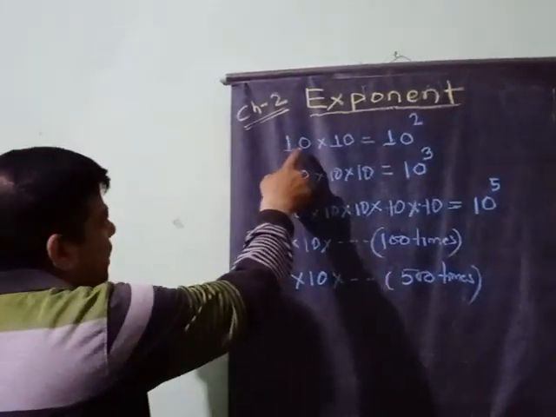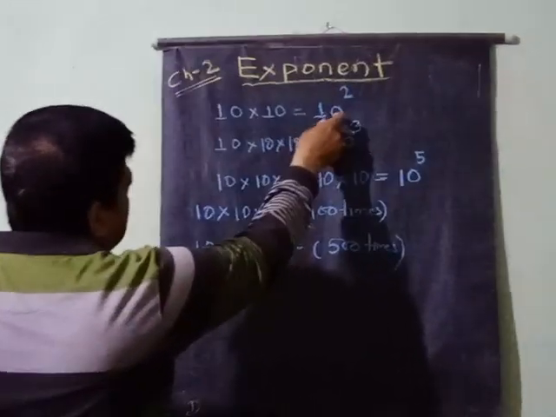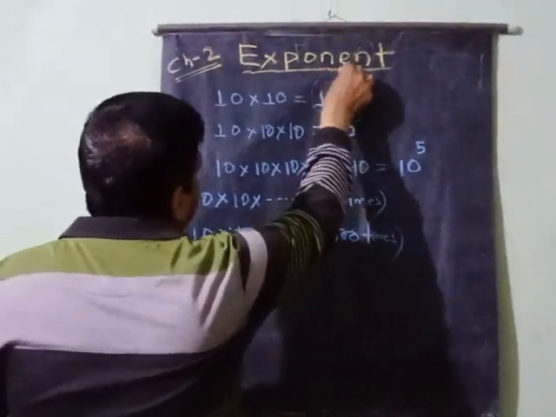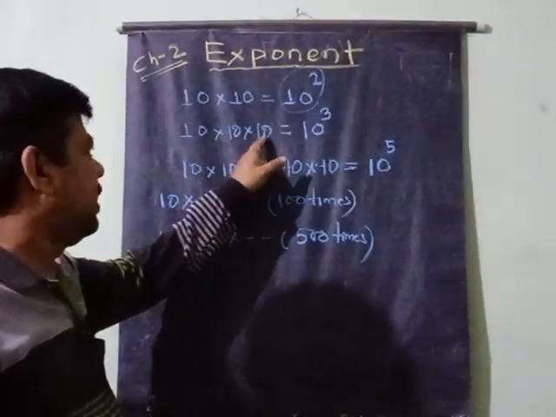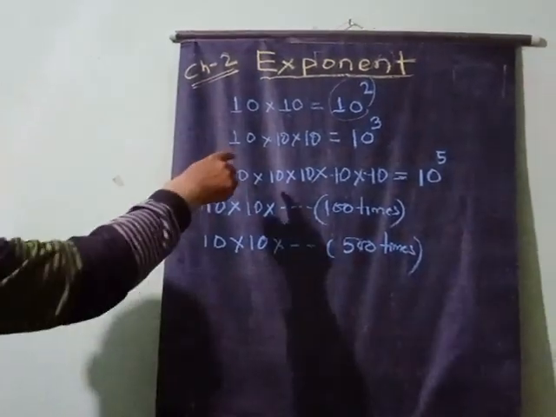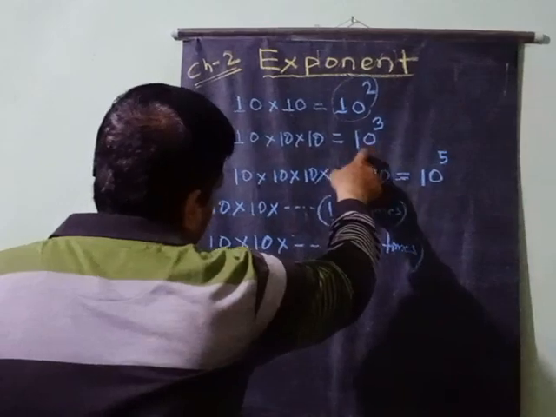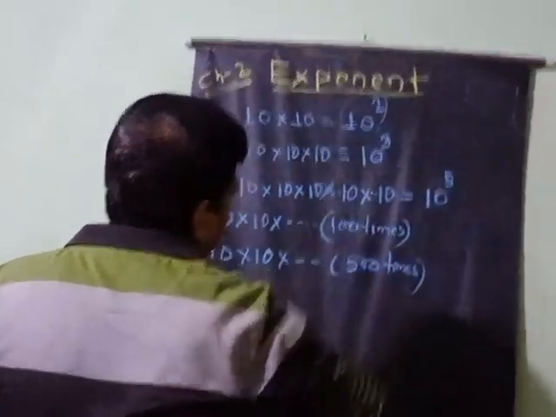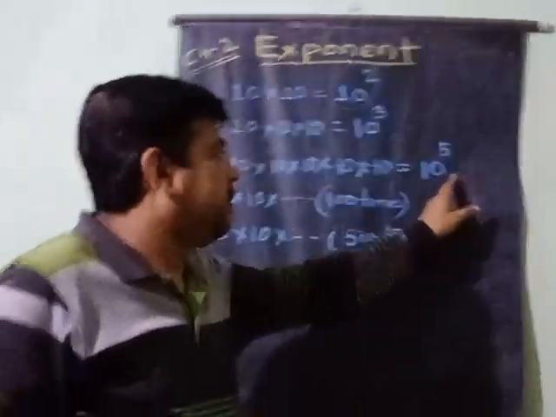Instead of writing 10 into 10, you can write in the symbolic form, that is called 10 to the power 2. Similarly, 10 into 10 into 10, multiplied 3 times, has been denoted by another symbolic notation, that is 10 to the power 3, 10 cube. Similarly, here 10 to the power 5.